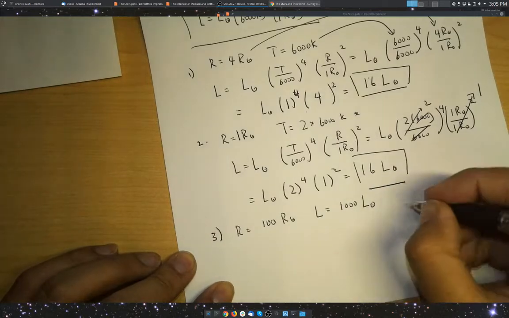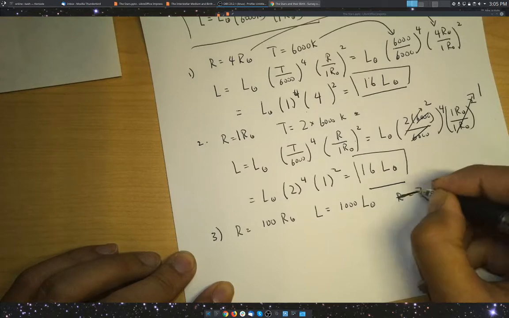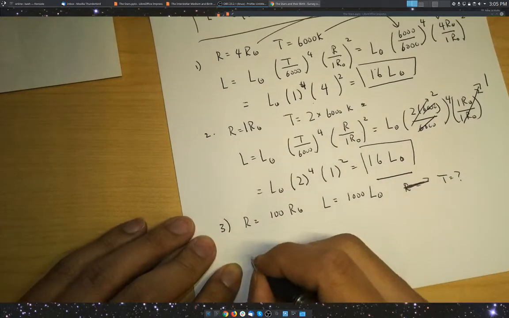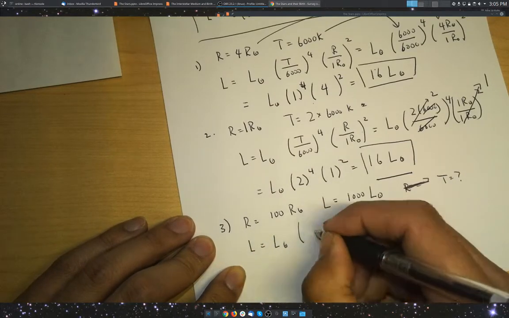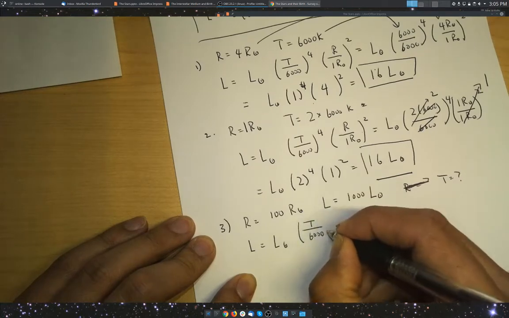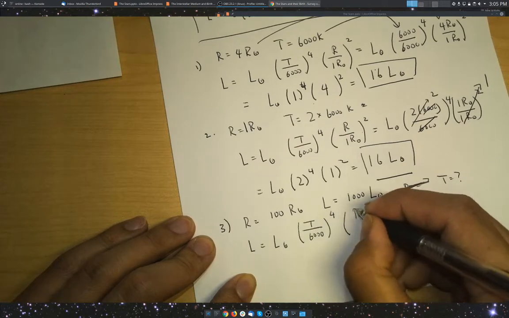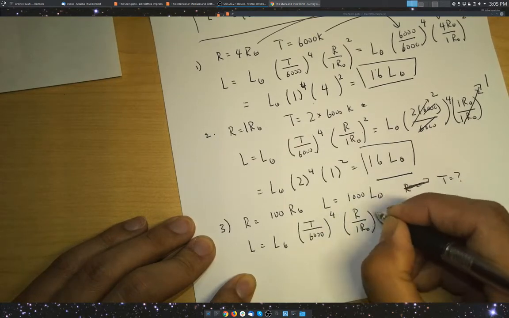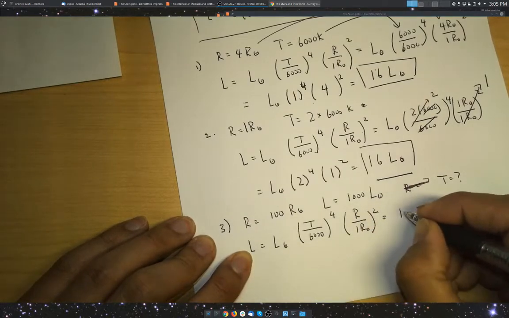The one I don't know is T, which is equal to question mark. So let's figure this one out and write this down. L is equal to L solar times T over 6,000 degrees Kelvin to the fourth power, times R over 1 solar radius squared. So we know this is 1,000.